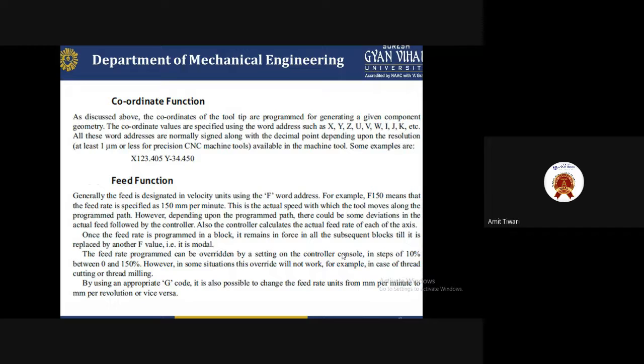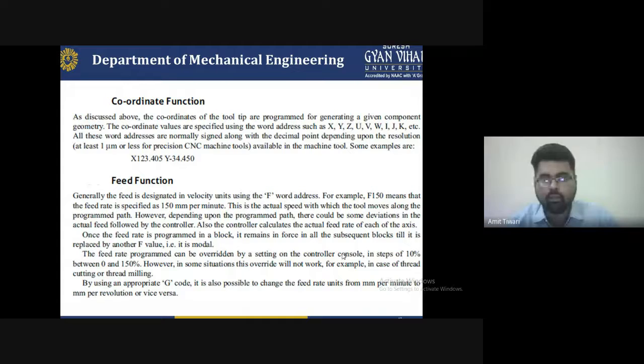That is, F150 means the feed rate is specified as 150 per revolution, and this is the exact speed with which the tool moves along the program path.